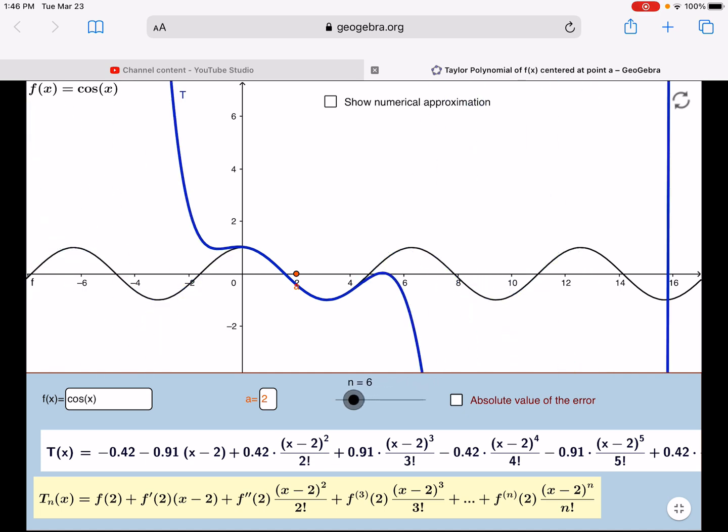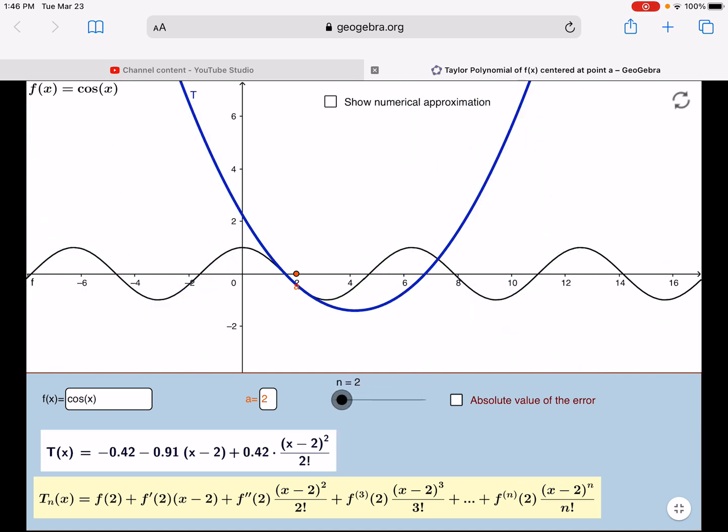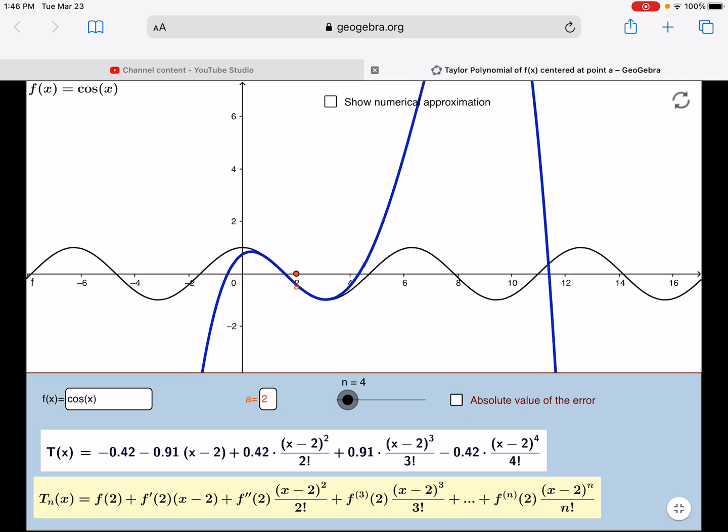Let's go back here. You can see when n is 2, you have just a parabola. Then here is the fourth polynomial. Away from 2 here, there is a big jump. So this polynomial is not bounded, obviously. But close to 2, it approximates well.